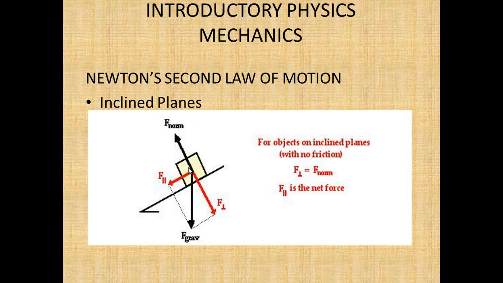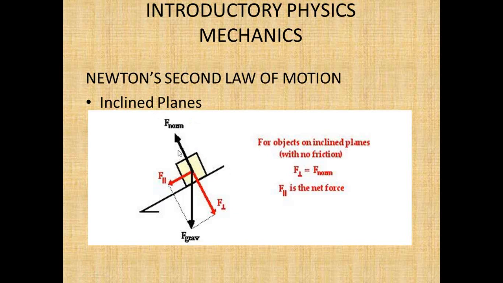And how you get that, you have to resolve the force due to gravity into its parallel component and its perpendicular component. It is this parallel component which is going to pull the object down. The perpendicular component, that's perpendicular to the incline, is the same thing as a normal force. Okay?